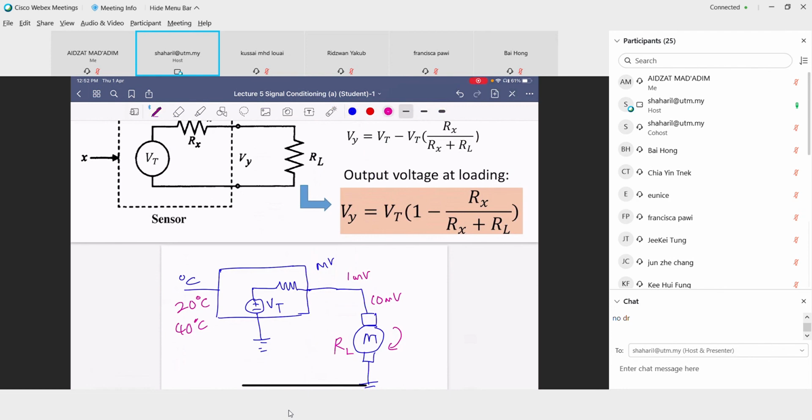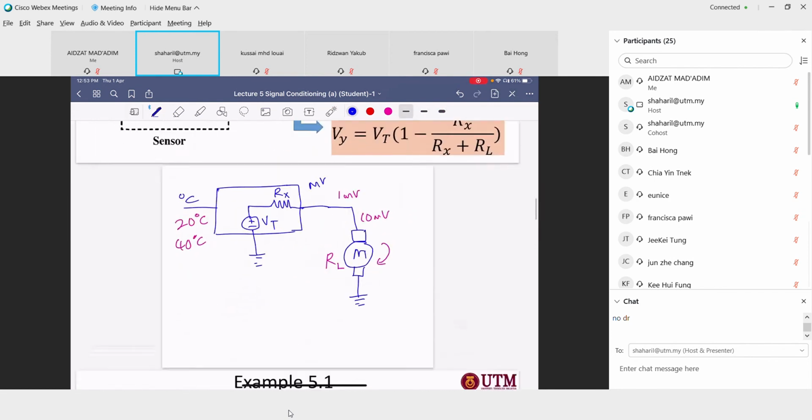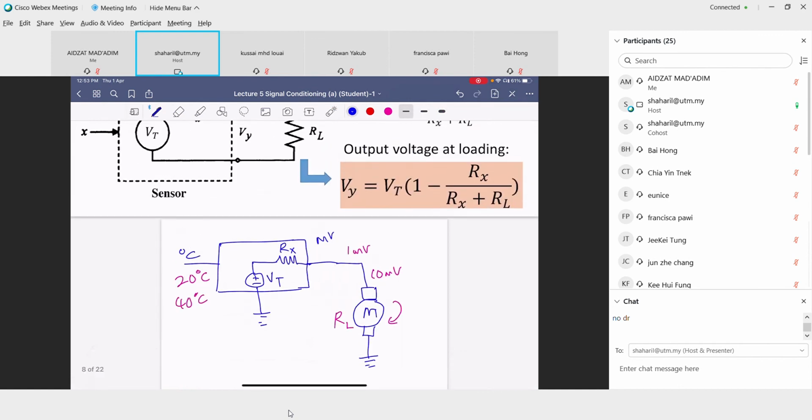This one we call RX. This is what we call the internal resistance of the transducer, and then you will also have the load RL. That is the concept.